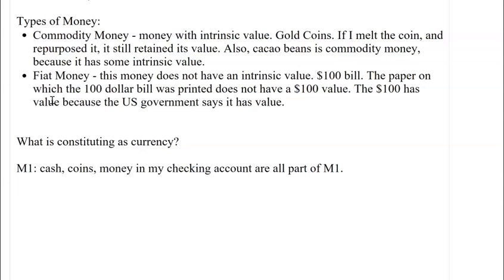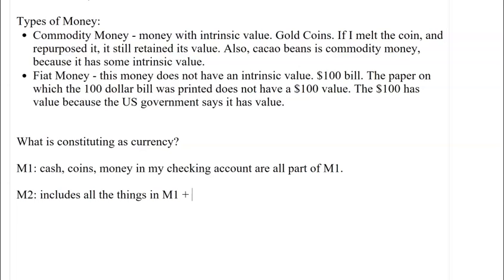M2 now is a little bigger definition of money. M2 includes everything in M1. So basically cash, coins, money in my checking account, plus money that is slightly harder to cash.